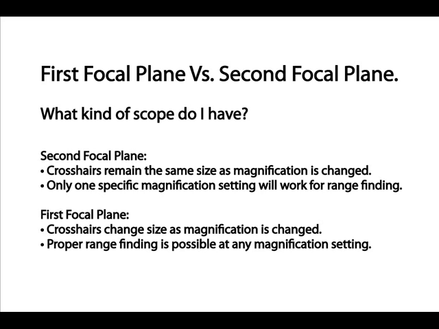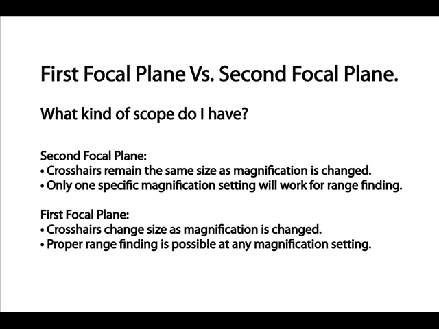The problem with the second focal plane scope is that the range estimation feature is only going to work on one magnification setting. Usually it's the highest setting on the scope, or it might be at 10 power. You have to check the literature that came along with your scope.